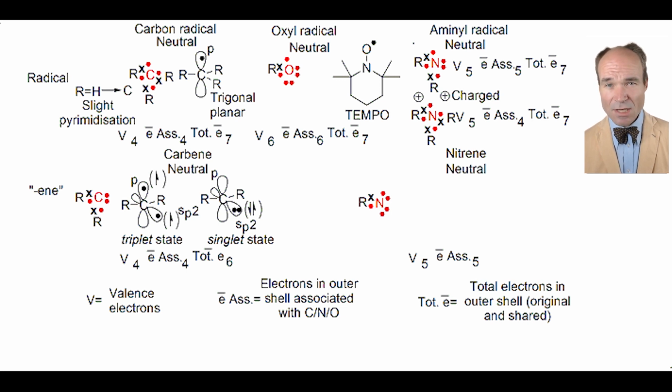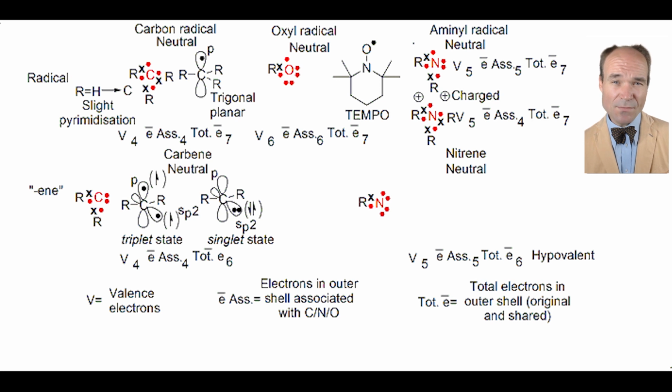It has a total of 6 electrons in the outer shell, 5 associated with nitrogen and one associated with an R group that's shared through a covalent bond. So the species is hypovalent.